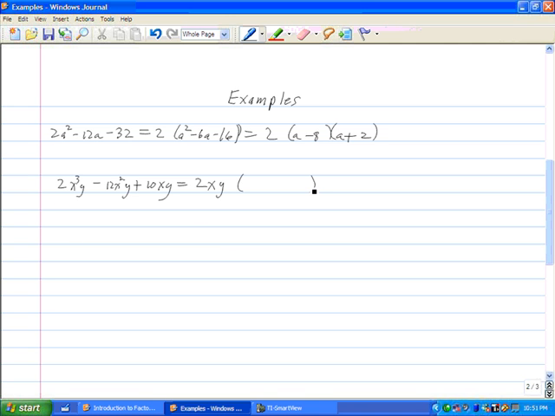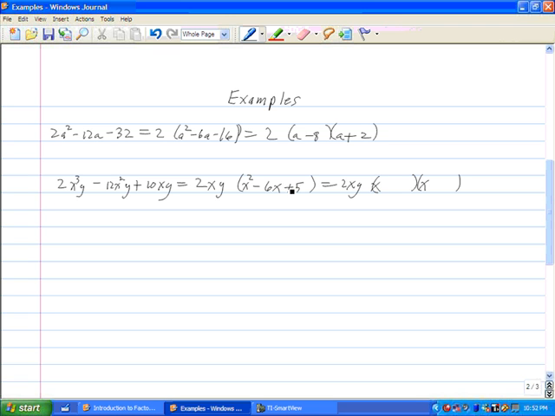Let's take a look at what that leaves us. That leaves us x squared minus 6x plus 5. A 2xy just comes over into the answer. Here I've got to have two binomials. X squared's got to be x times x. The plus on the end could be two pluses.